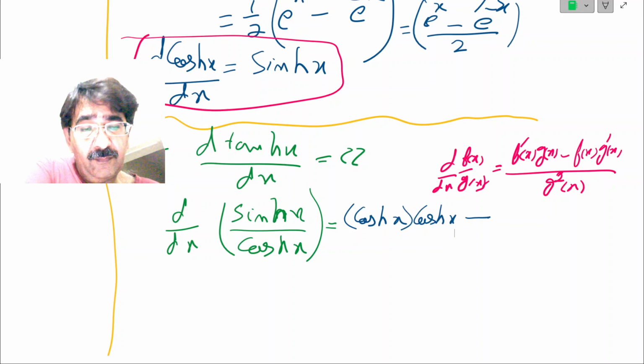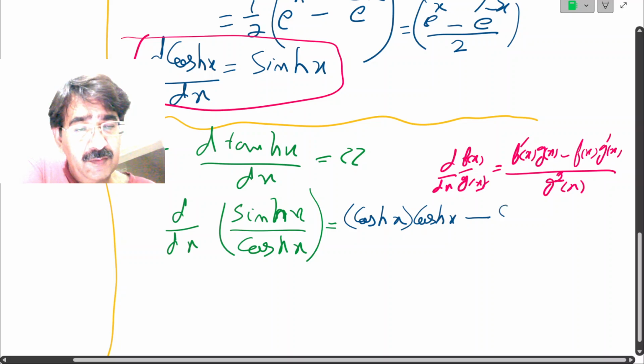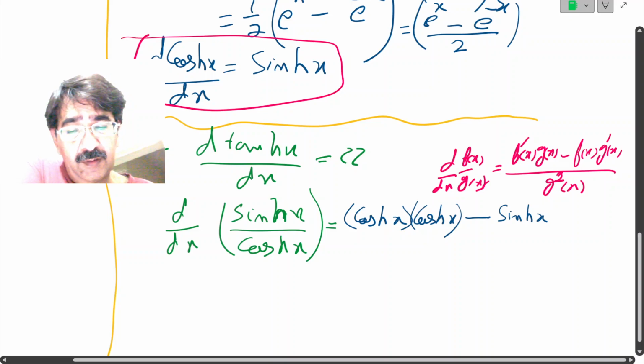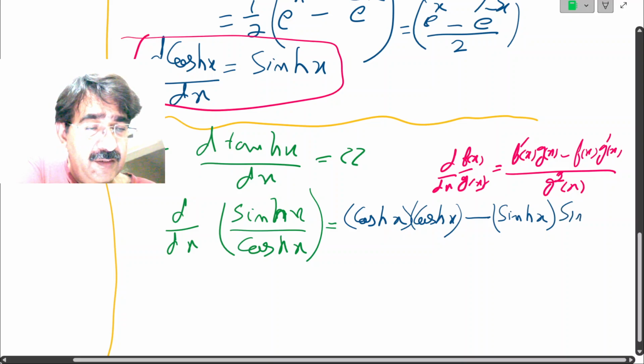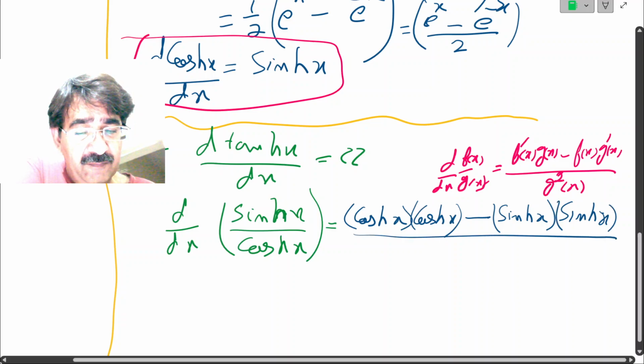Minus, the f(x) is sine hyperbolic x, and the derivative of cos is also sine. I have already proved that there is no sign change. And the square of the cos hyperbolic x.